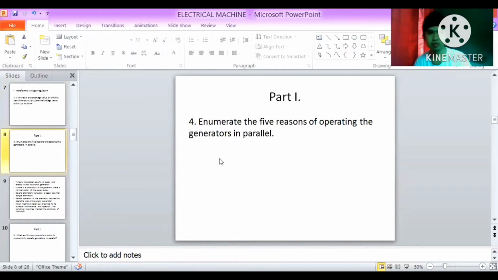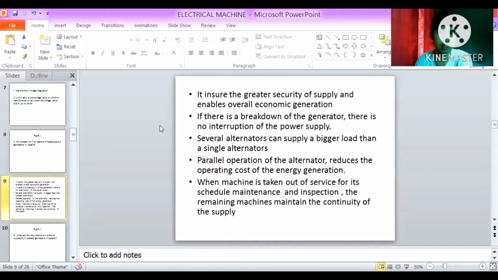Number 4, enumerate the 5 reasons for operating generators in parallel. It ensures greater security of supply and enables overall economic generation. If there is a breakdown of a generator, there is no interruption of the power supply, and several alternators can supply a bigger load than a single alternator.